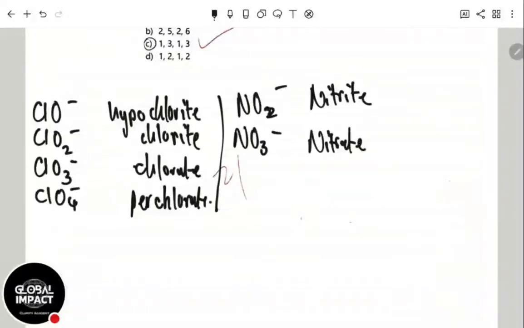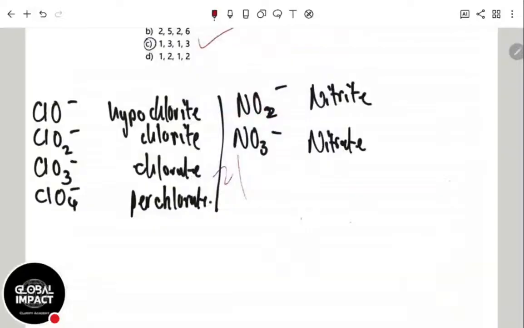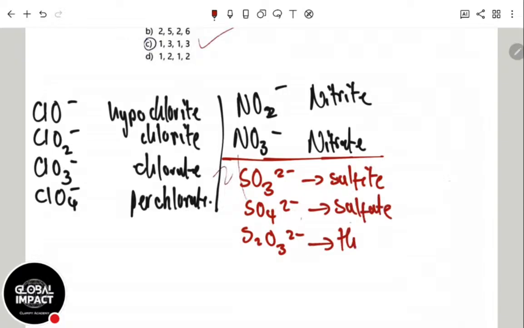If I can remember, what about you? Surely you can. Then I go to sulfur: SO3 2 minus, SO4 2 minus, then S2O3 2 minus. This is going to be your sulfite, this is going to be your sulfate, and this is going to be your thiosulfate.